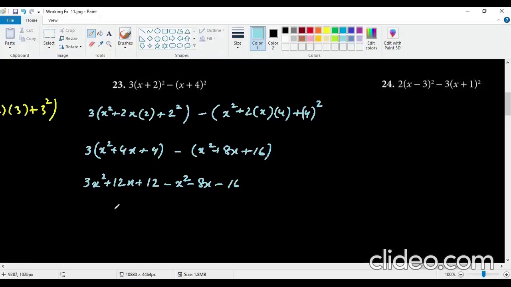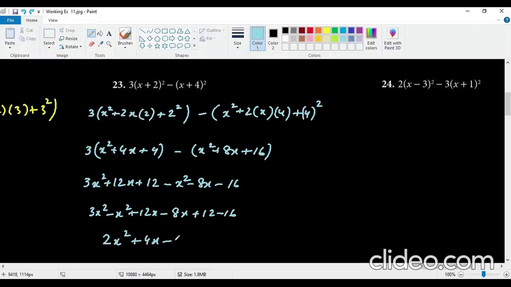So the final answer for this first one is 3x square minus x square, plus 12x and minus 8x, both are like terms, is going to be 8x, minus plus 12 minus 16. So this is going to give me 2x square and plus 4x and plus minus 4.